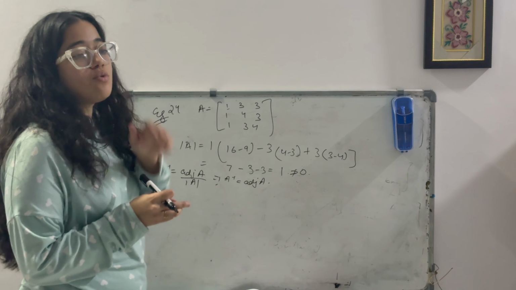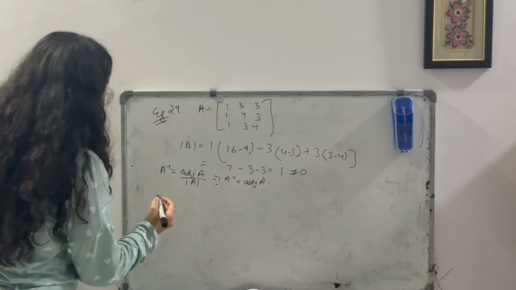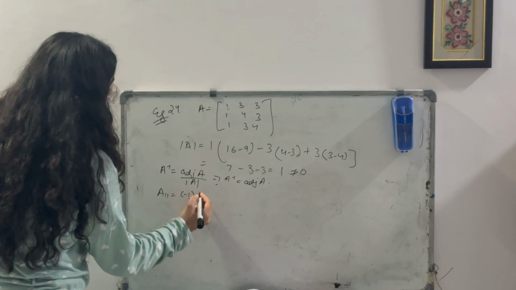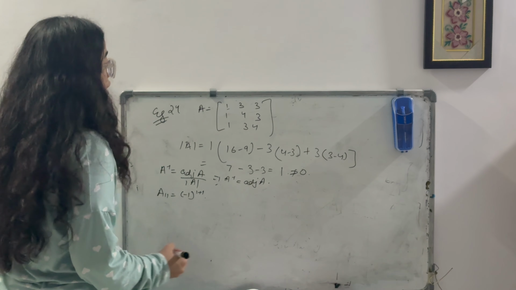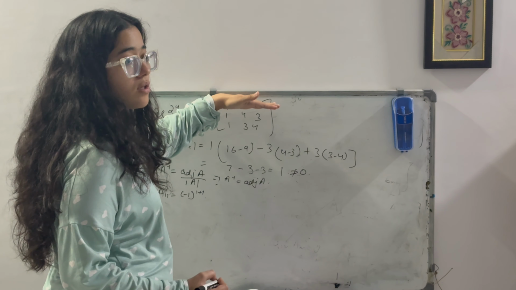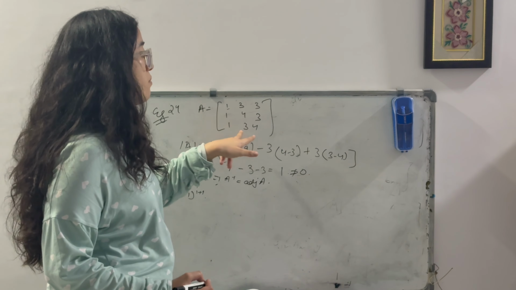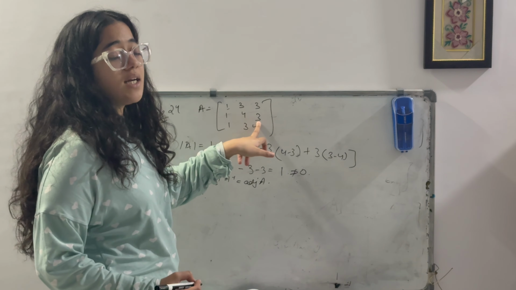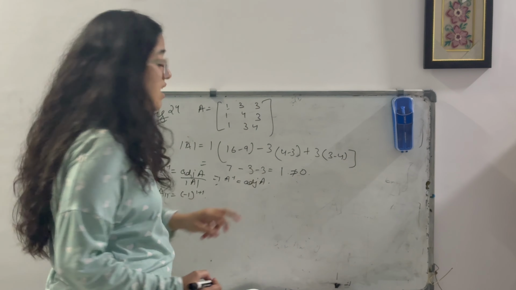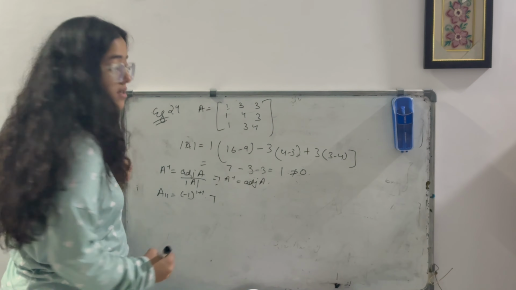So first, we will start with the cofactors. So A11, what would A11 look like? Minus 1 to the power 1 plus 1 into this gone and this gone. Yes. So what would it be? 4 into 4 minus 3 3s are 9, that is 16 minus 9, that is 7. Yes.